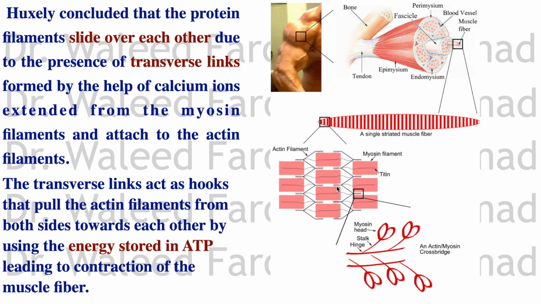That's why the muscle contracts. The transverse links act as hooks that pull the actin filaments from both sides towards each other. Towards each other means that the Z lines will come closer to each other. Did you understand what I mean? The Z lines, which are holding the actin, will come closer to each other.